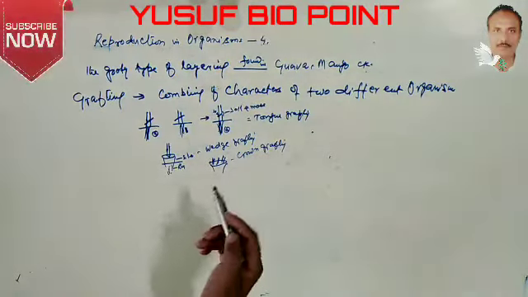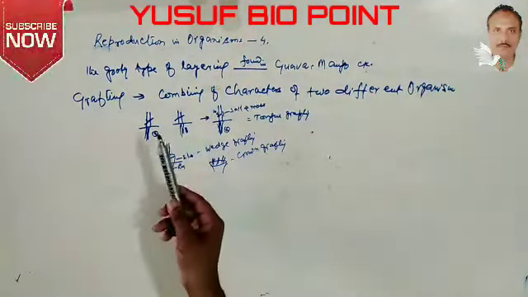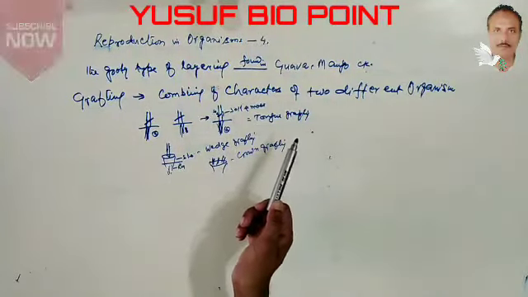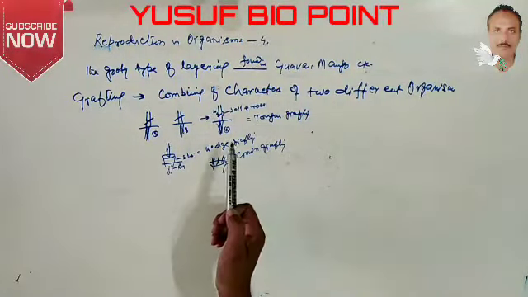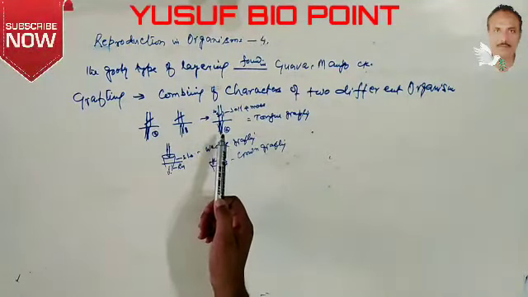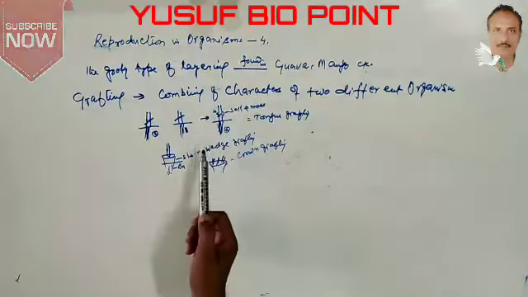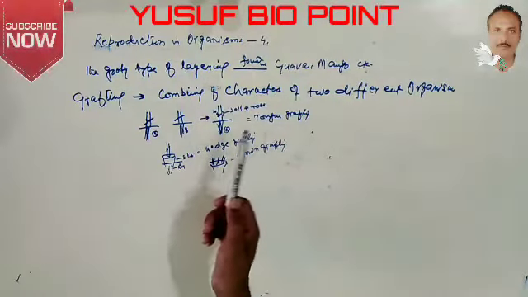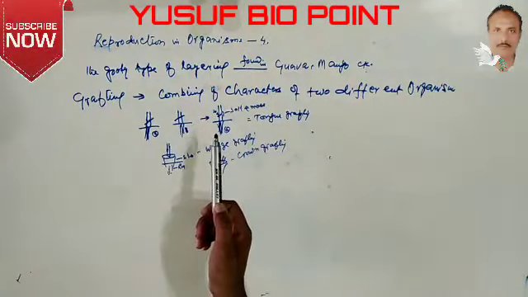So there are several methods of grafting by which we combine the characters of two different organisms, and in this way we get a new type of plant. So grafting is most beneficial among vegetative propagation.